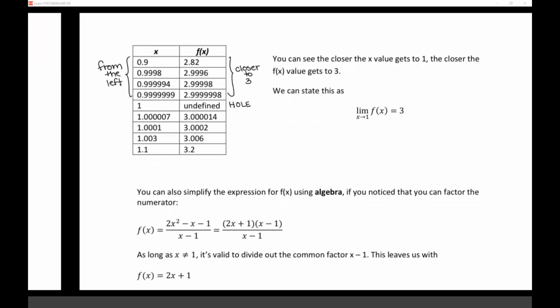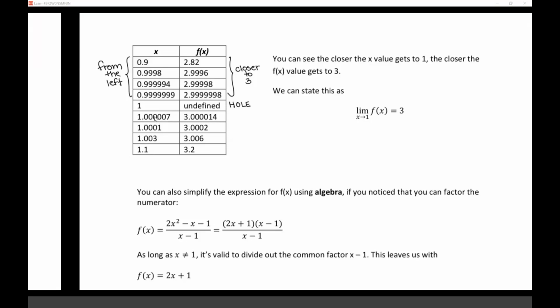Then if I am getting closer from the right, take a look, you have to read the table backwards. Start at 1.1, that's a little bit past 1. Then go down to 1.003, 1.00001, 1.000007.